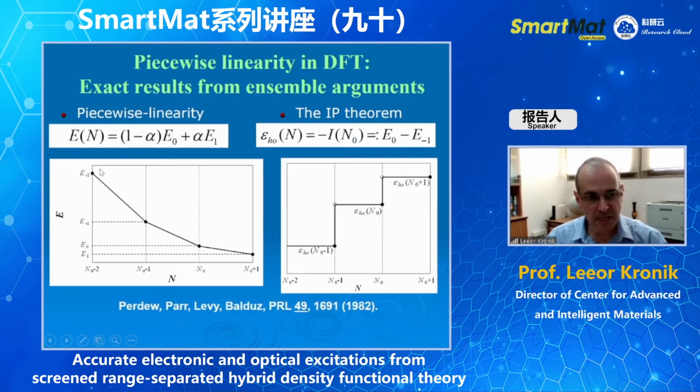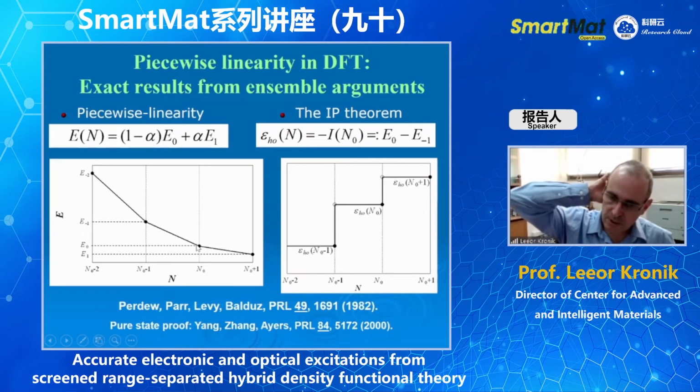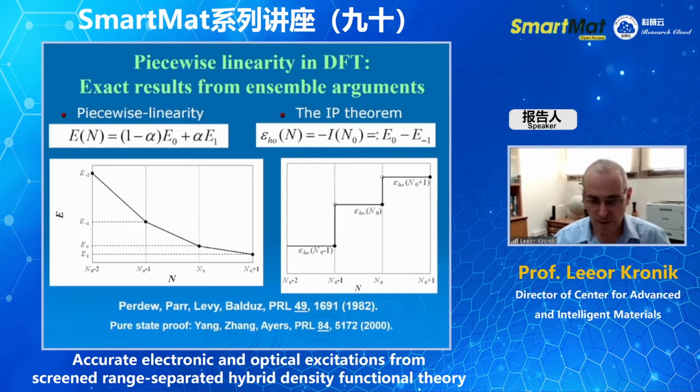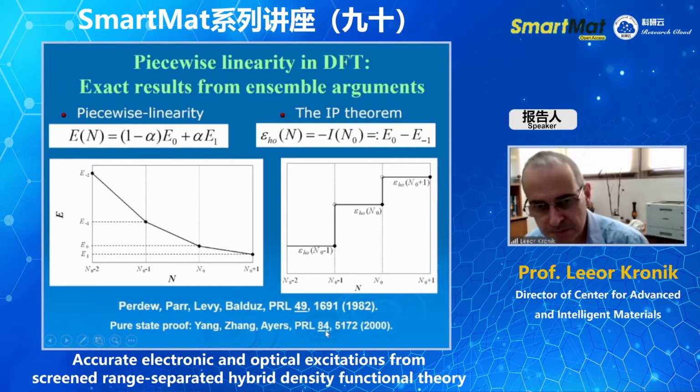And then the energy is just a simple linear combination of the 2 different pure states with the integer number of electrons. And that means that the energy as a function of the number of electrons is just a sequence of straight lines. So far, that's pretty simple. There is also a proof for that that doesn't involve ensemble arguments that I will not go into, but there are references down here if you're interested.